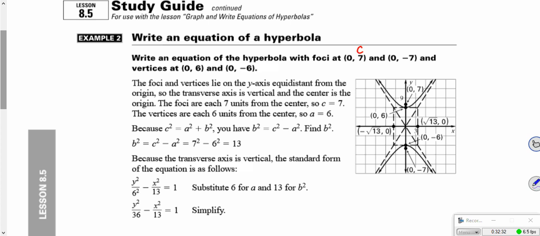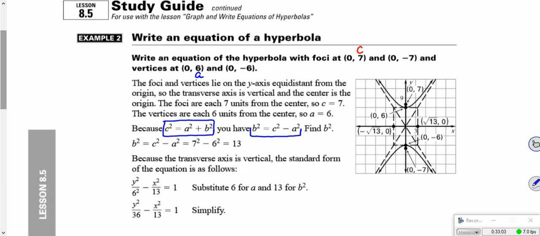And they gave us vertices, which are going to give us our a. So if this is our basic formula for c squared, then we can rearrange it and say that b squared equals c squared minus a squared. So then we can find b squared. And then all we have to have is a squared and b squared. And we have to know which one comes first, the x or y, in order to write the equation.